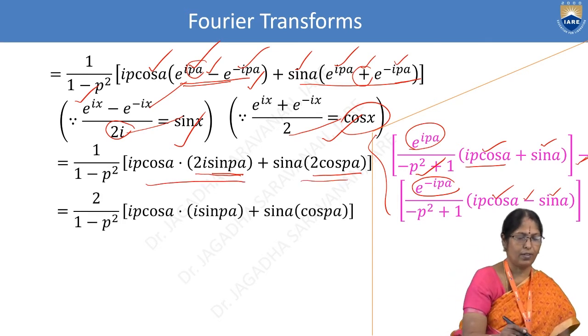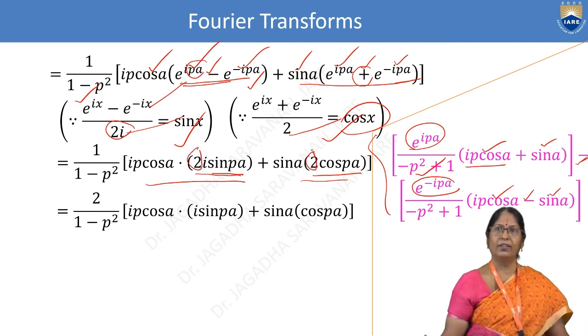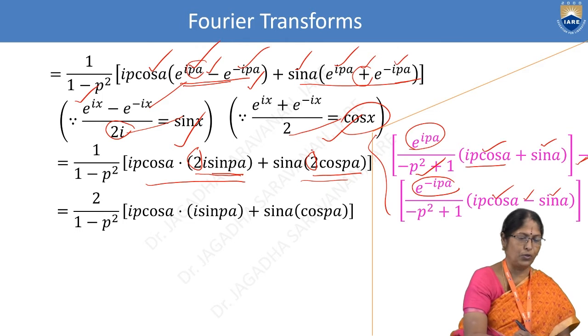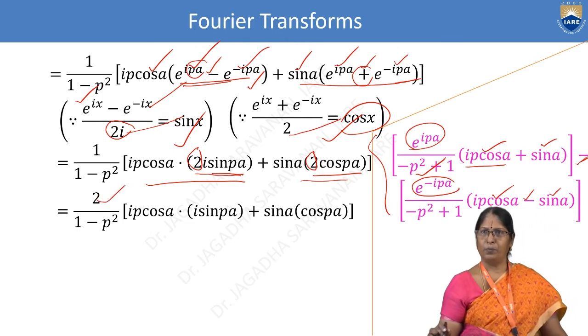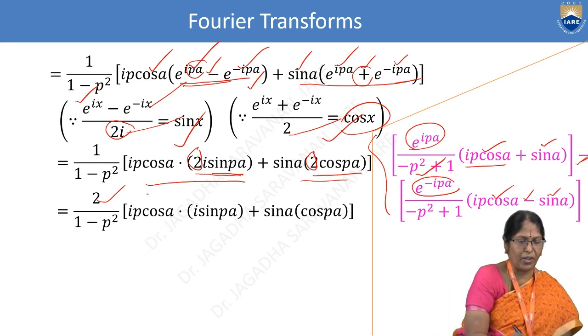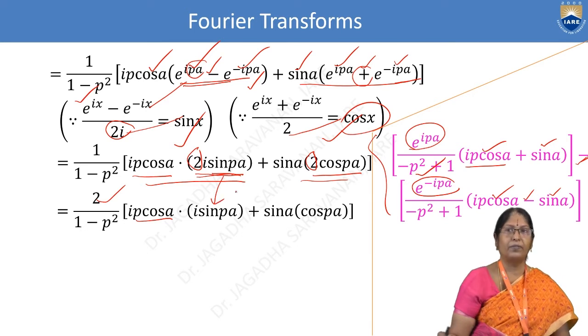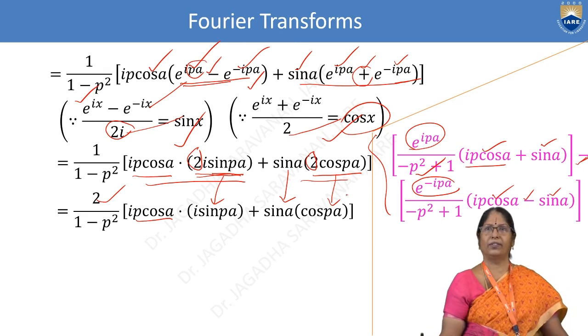Next. Here 2 is there, here 2 is there. Common. The 2 is kept out to the next line. The remaining terms are as they are. The 2 has come out. The remaining part is here: the sin A, and cos pA written as it is.